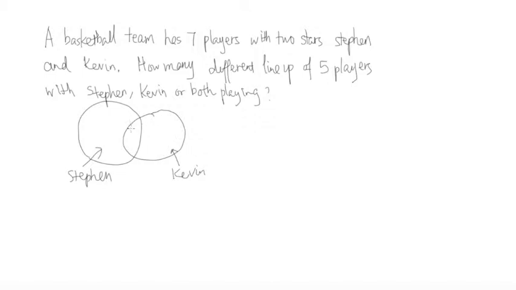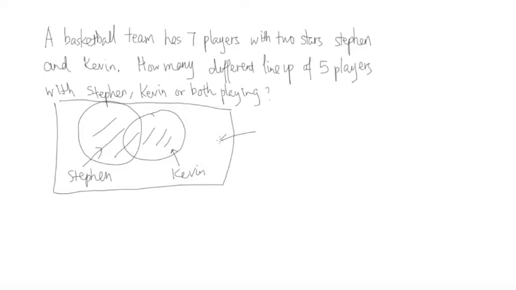And then you need to figure out how many are here, where Steve and Kevin are both playing. But this is a problem where you can also use complementary counting. In terms of the Venn diagram, instead of counting the stuff inside the circles, you count outside. This part is where neither is playing.